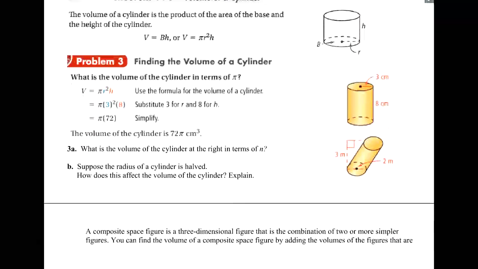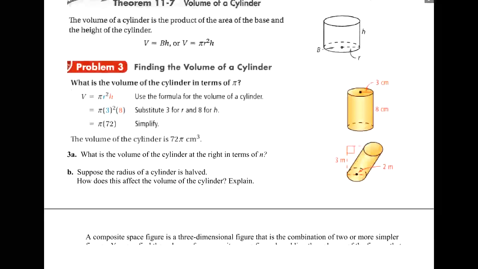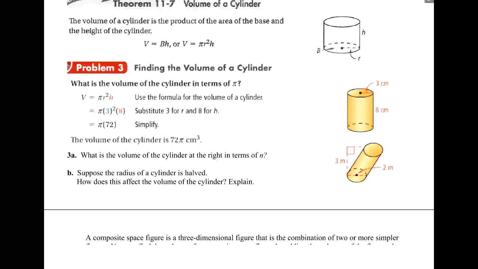Oh, look, cylinders. Just like cylinders got easier with surface area, those special circles, they get easier with volume as well. Now, if you remember our formula for the volume of a prism, and this is simply a circular prism, it was area of the base times the height of the prism.